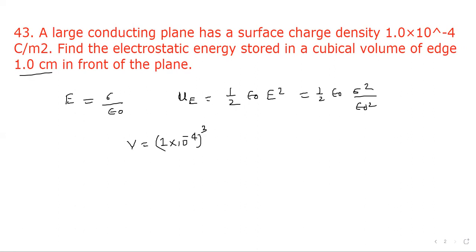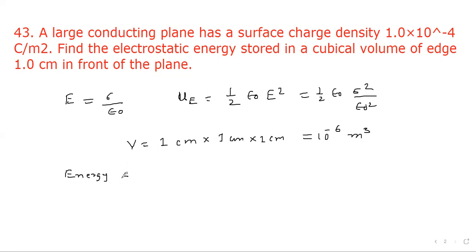So the volume will be 1 cm multiplied by 1 cm multiplied by 1 cm, which is 10 power minus 6 meter cube. Now, the energy stored, capital UE, will be UE times volume.